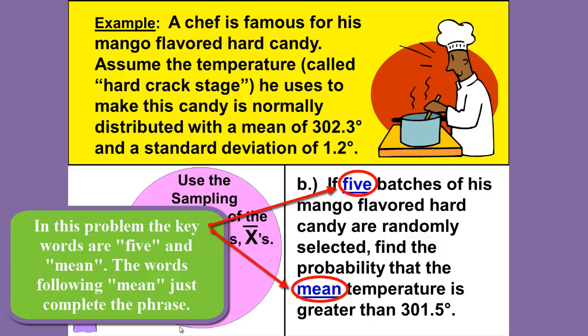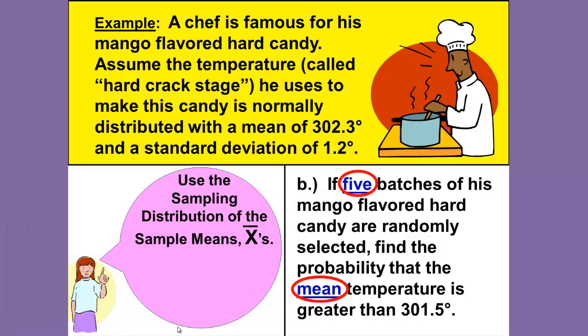So we're going to be using the sampling distribution of the sample means, the x-bars. So we will need the mean of the sampling distribution, which is still equal to the mean, and the standard deviation of the sampling distribution, which is equal to the standard deviation divided by the square root of n.